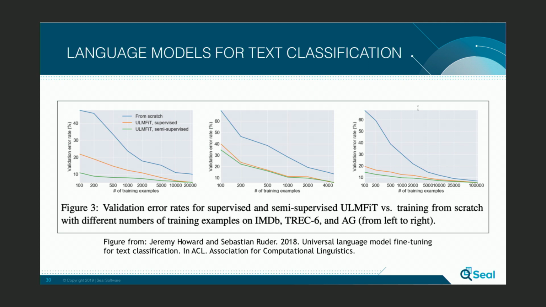You just use the architecture and train it directly on your classification task. The x-axis is the number of annotated examples. We start with 100 labeled examples, and we're at like 40, 50 in accuracy or something like that.